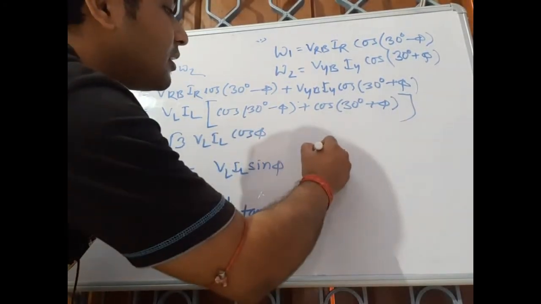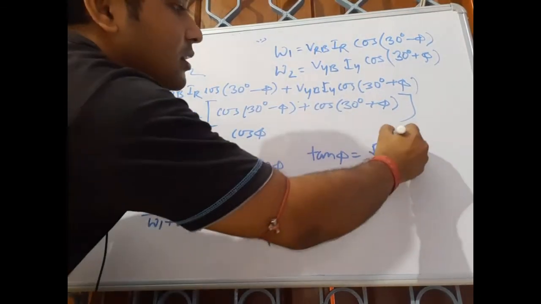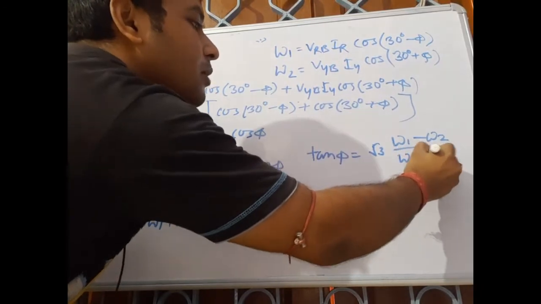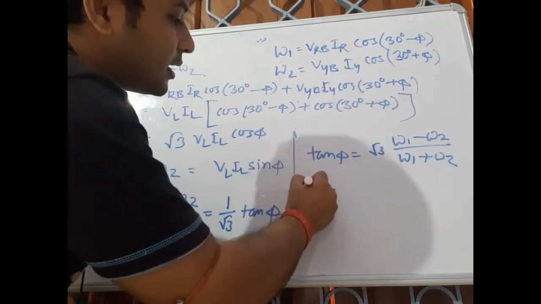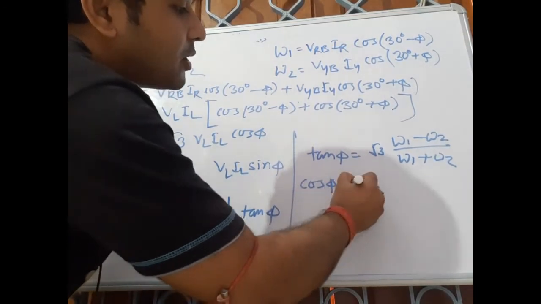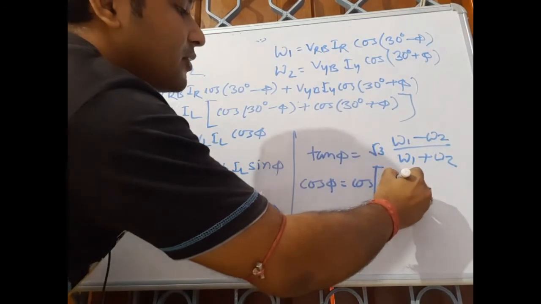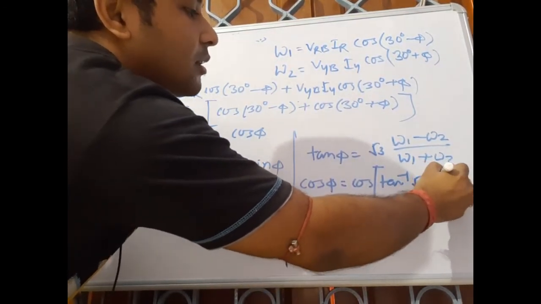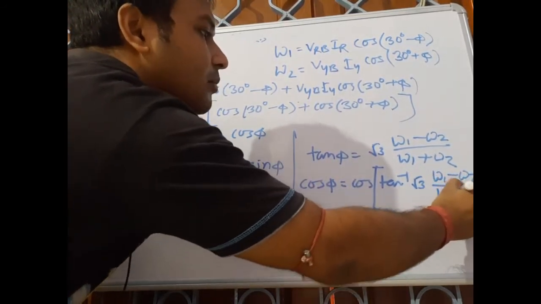So tan phi is equal to root 3 into W1 minus W2 divided by W1 plus W2, right? So our power factor cos phi will be cos of tan inverse of root 3 into W1 minus W2 divided by W1 plus W2.